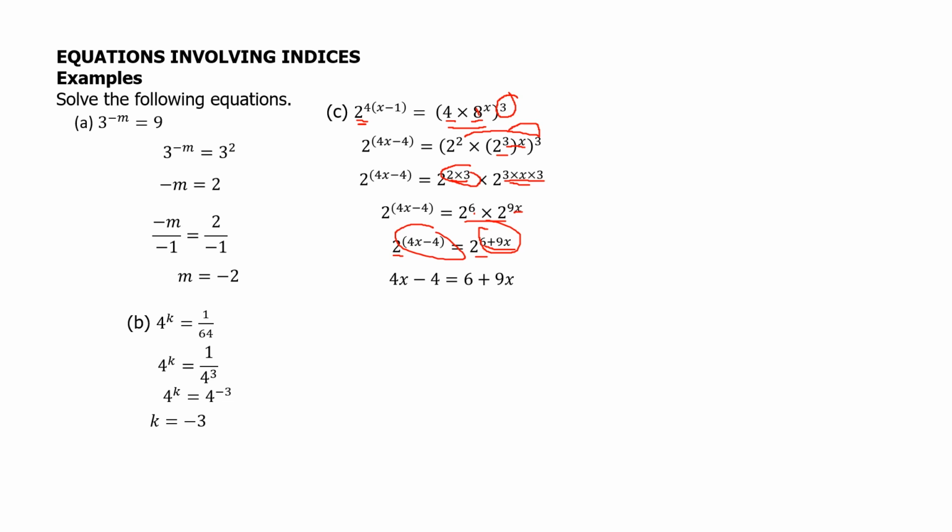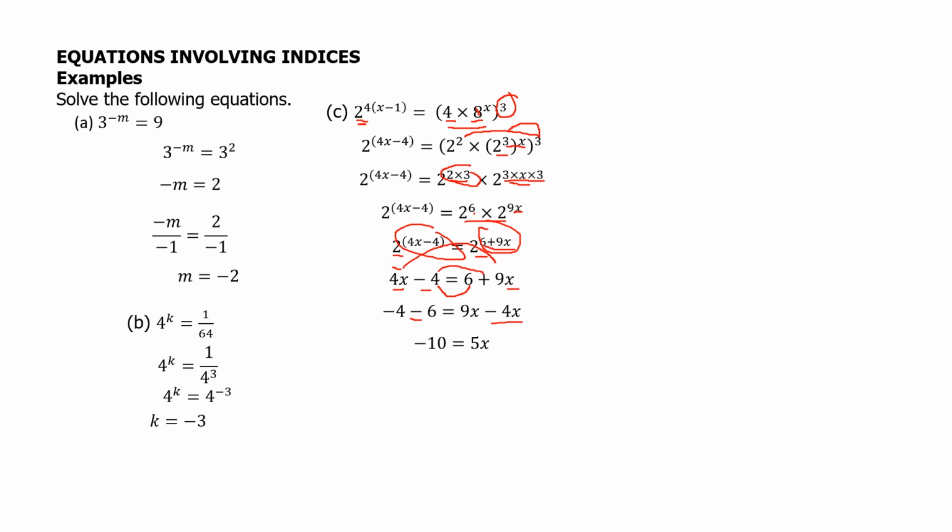From here we collect the like terms, that is, we collect those having x's and those constants there. The 6 going to the other side of the equation is going to be a negative, and the positive 4x going to the other side of the equation is going to become a negative.